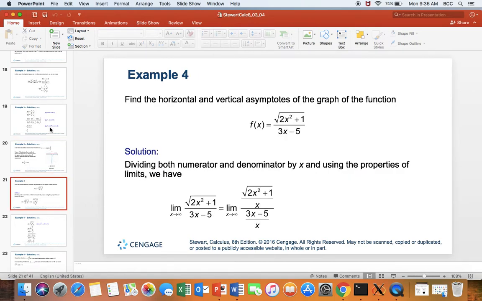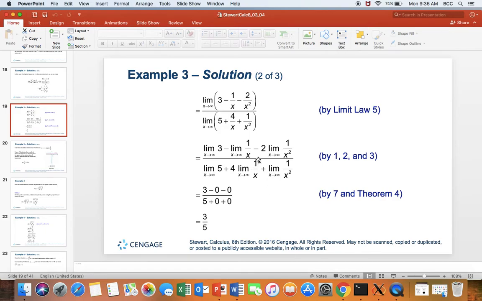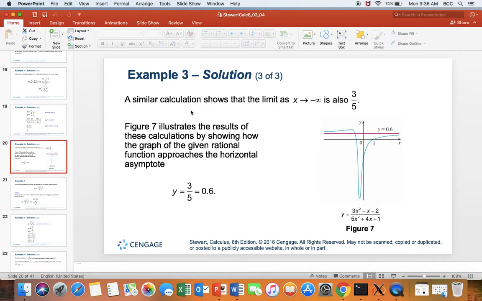So what that gives me, look, the limit of 1 over x is 0. The limit of 1 over x squared, that's also 0. All that survives is 3 over 5. Okay. So this limit is actually 3 over 5.